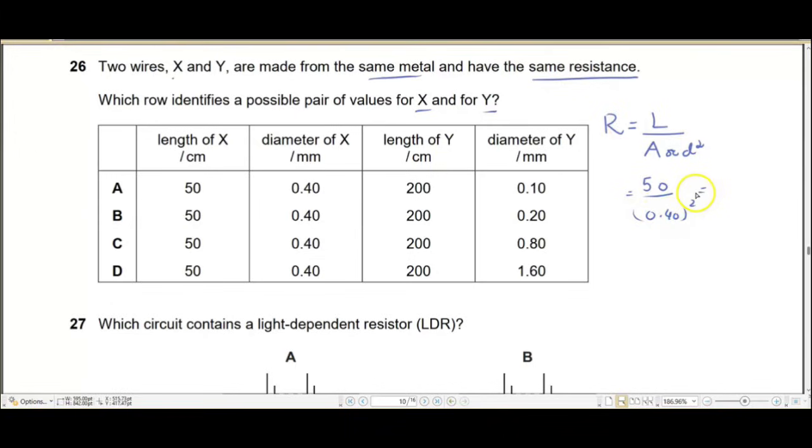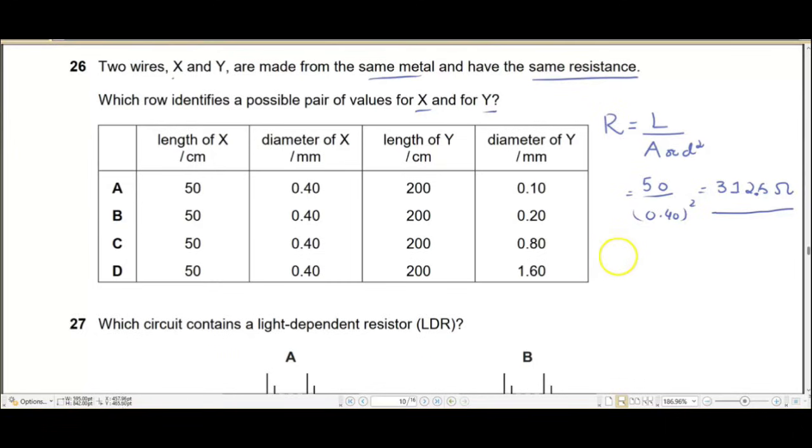So 50 divided by 0.40 squared is 312.5 ohms. That is the resistance for wire X, with its given length and diameter. Now let's find the pair of values that gives us a resistance of 312.5 ohms.